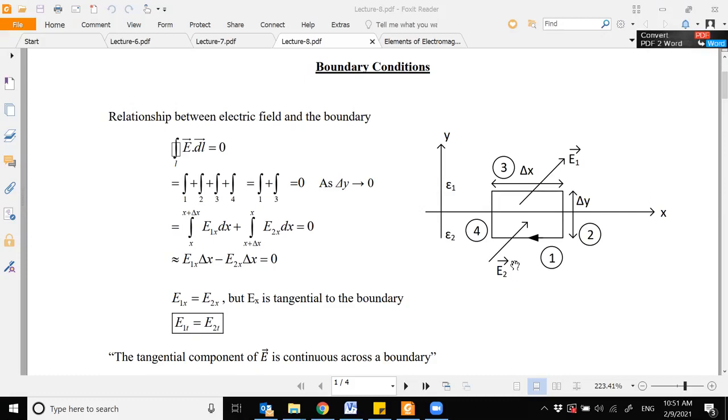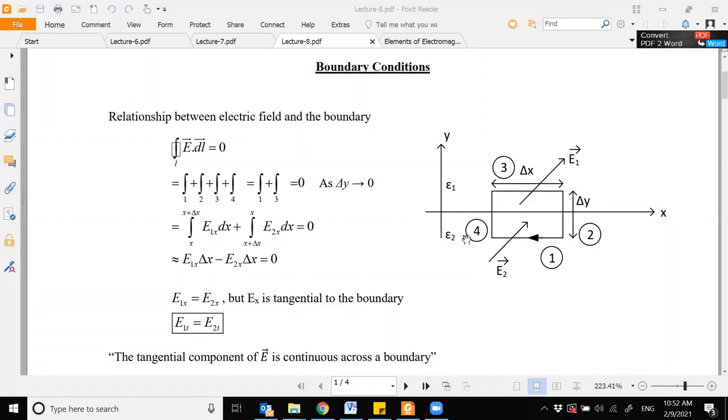So E2 will be E2x dx, from x plus delta x to x. And then here, since I'm doing it in this direction, from x to x plus delta x. And what is the electric field here? E1. So the x component, E1x dx.